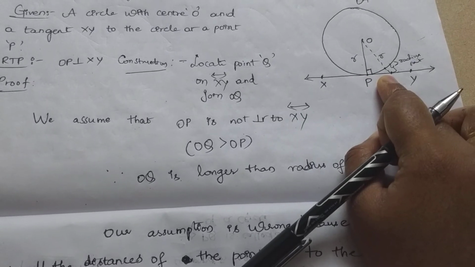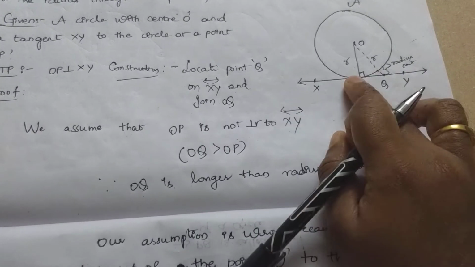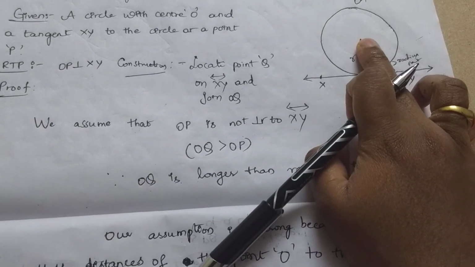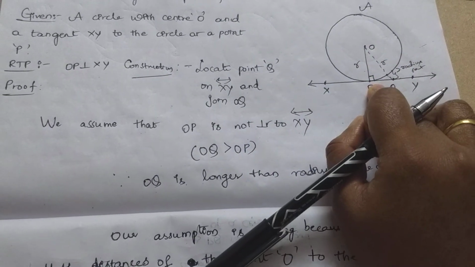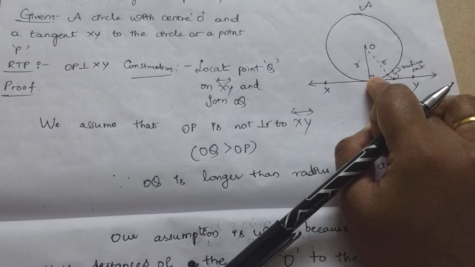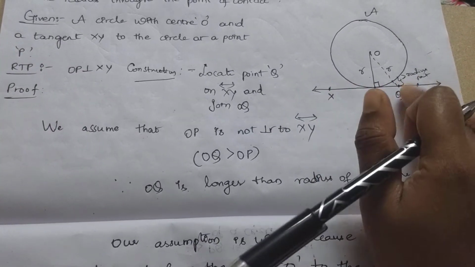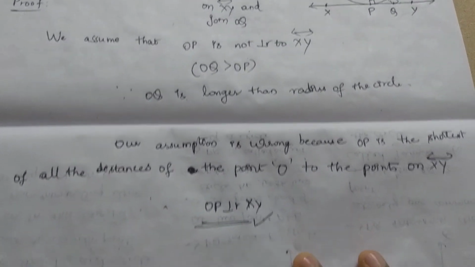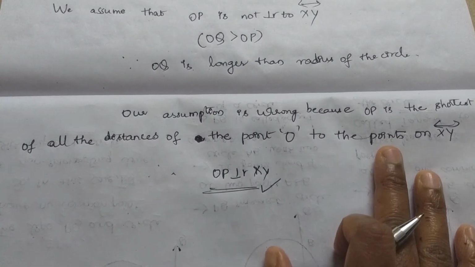So other than Q, when you take any other point on the line XY, the distance is obviously larger than the line OP. So here OP is the shortest distance of all the points on the straight line. Therefore OP is perpendicular to XY. So this is the proof part.